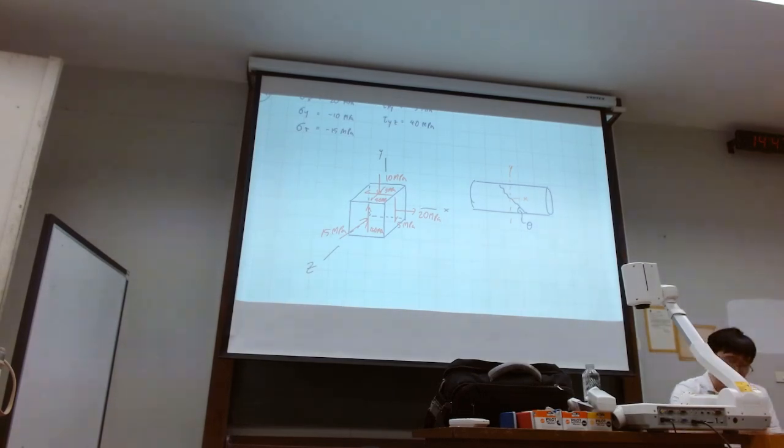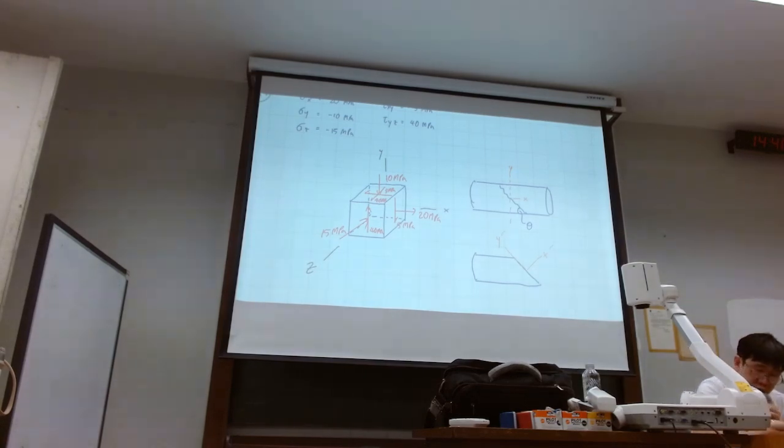So when that happens, it means that our best analysis is to create another axis, this is X prime and Y prime axis, and we have to again redo the normal force, the shear force, and the moment on that new surface.